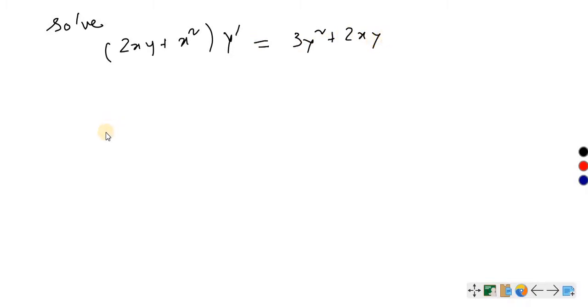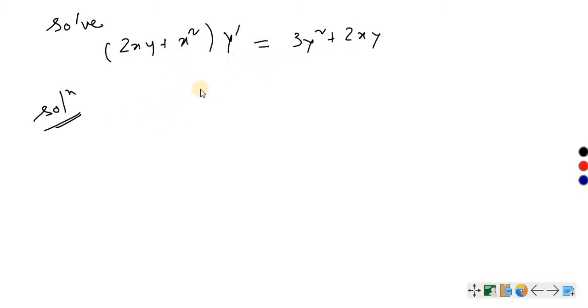So this is the question. Now what will be the solution for this? So at first we have to check whether the degree of this function and this function is same or not, because we can see we have two functions here. Okay, this function and this function.